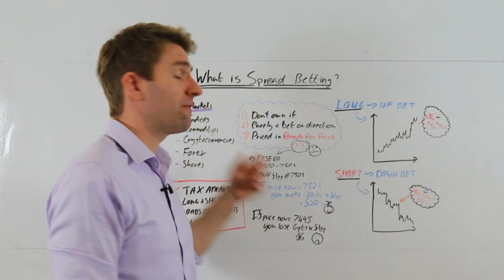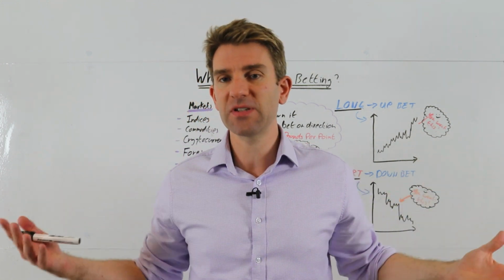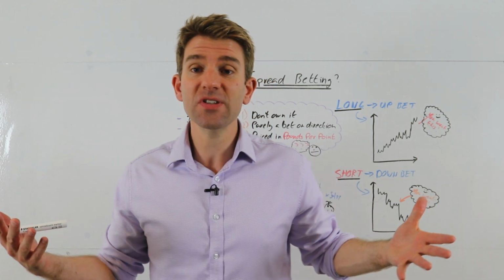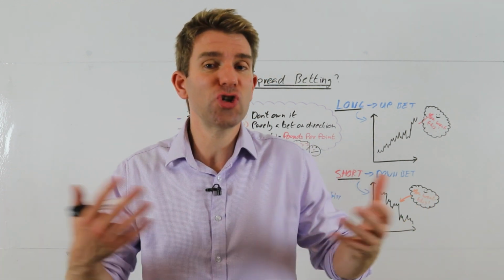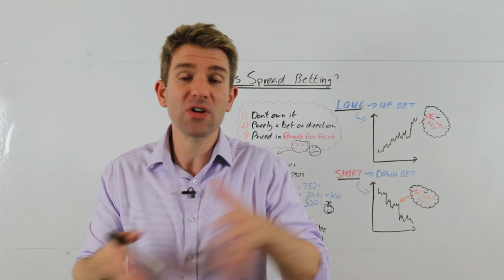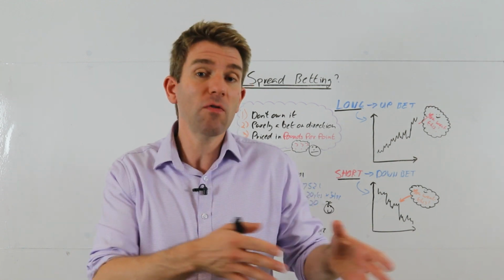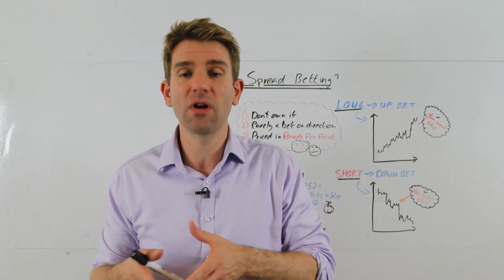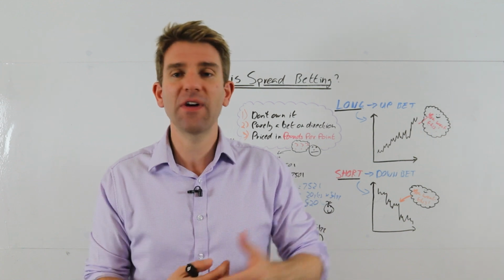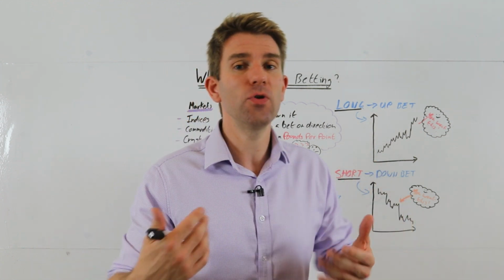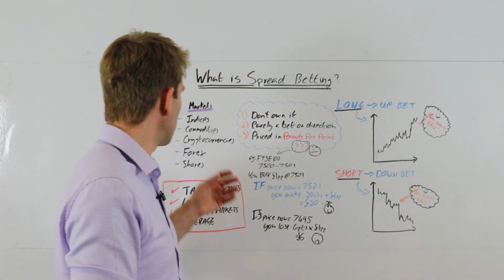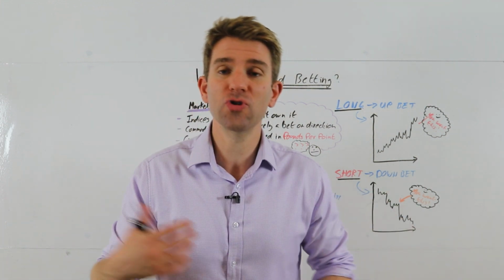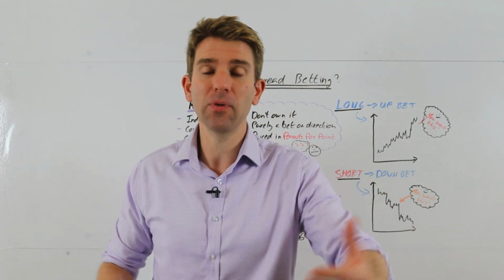Then we've got Forex, super popular as well with spread bettors, who speculate on the price of an exchange rate. So pound against dollar, GBP USD as we say, Euro USD, that's Euro against the dollar, yen, Swiss franc, you name it, it's available for you to speculate on the direction of. And then there are shares, or stocks if you're in the US, like Apple, Facebook.